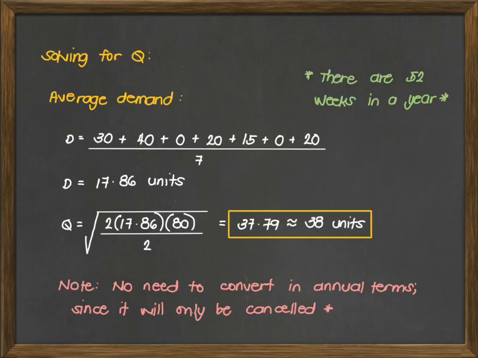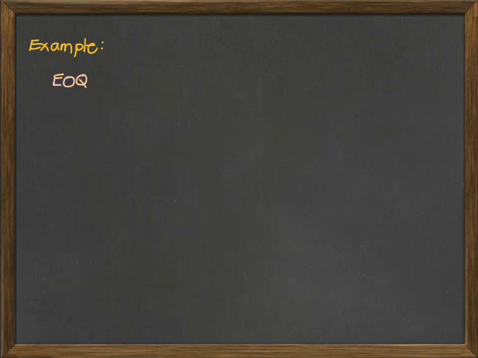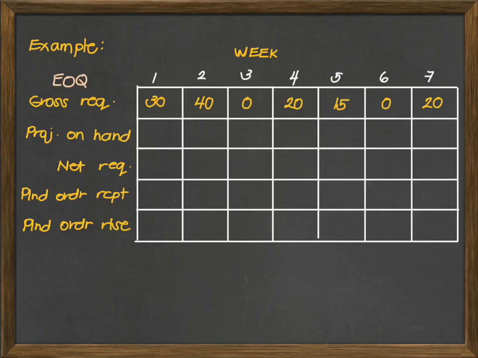So, ibig sabihin, ano bang ibig sabihin ng 38 units? So, every time na o-order daw, you have to order a fixed amount of 38 units. Diba yun yung concept ng ating economic order quantity or EOQ. So, balikan natin yung ating given example.